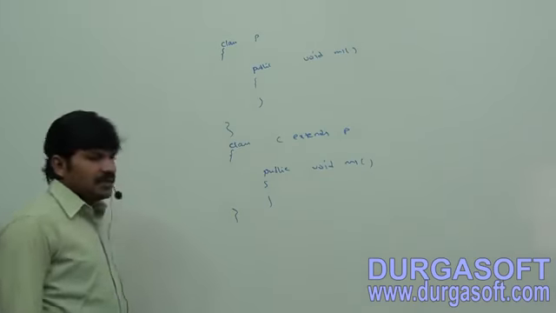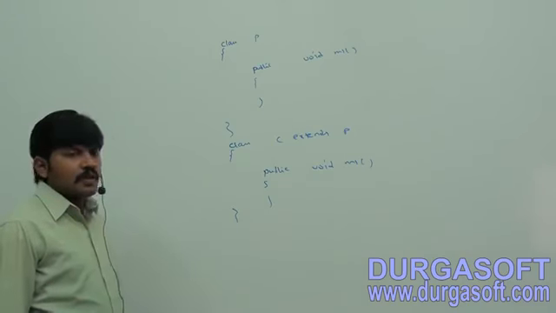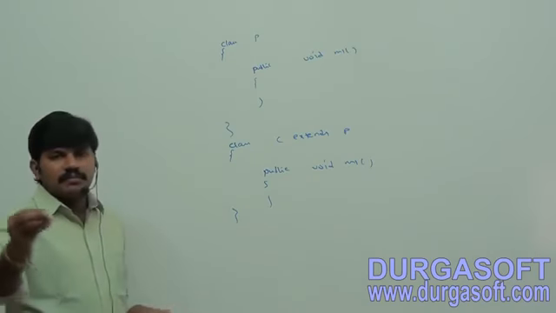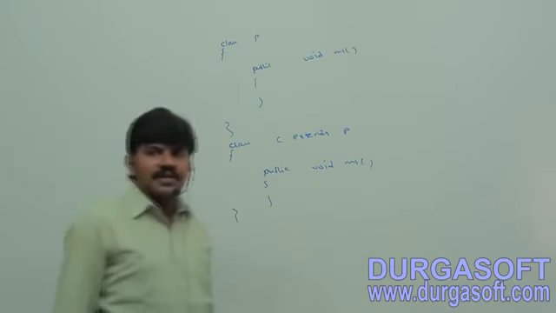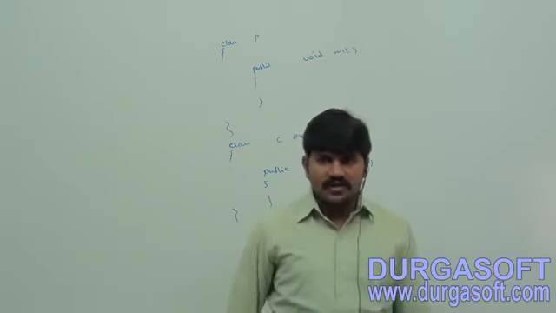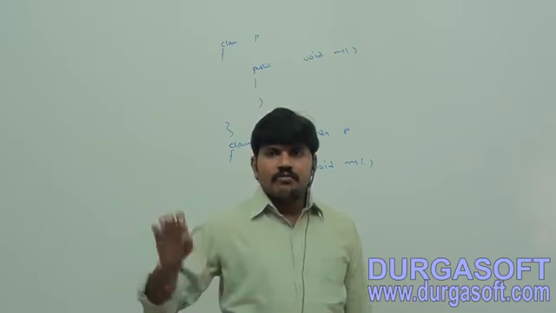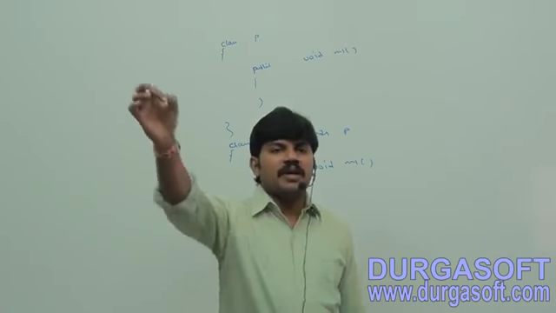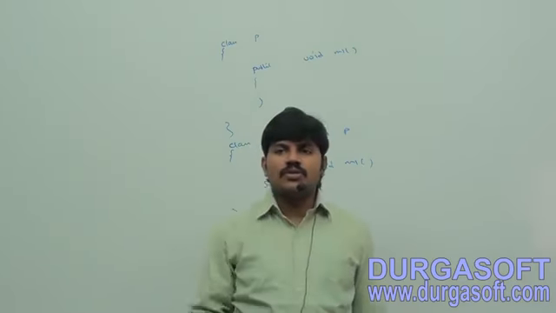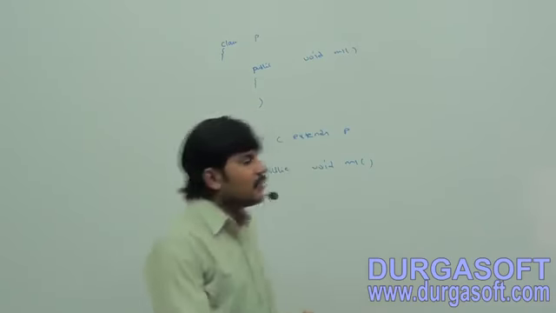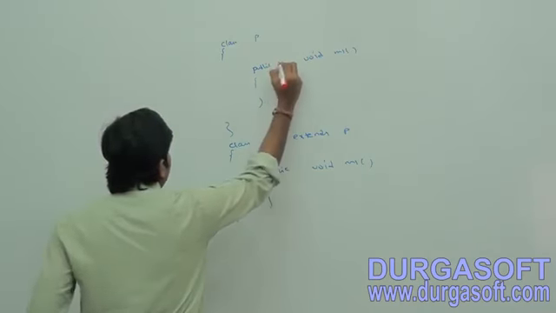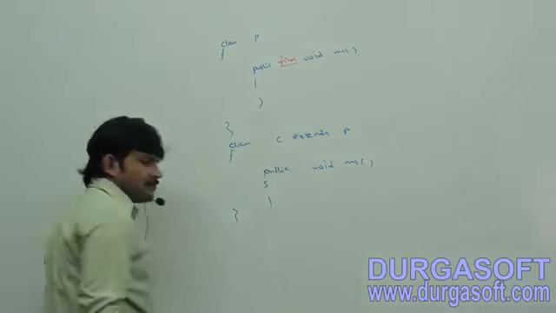Suppose, best example, your parent arranged some marriage, but you are not satisfied with that and you want to override. But the parent is aware and says my decision is final. No one is allowed to change my decision. It is like the parent declared the method as final.